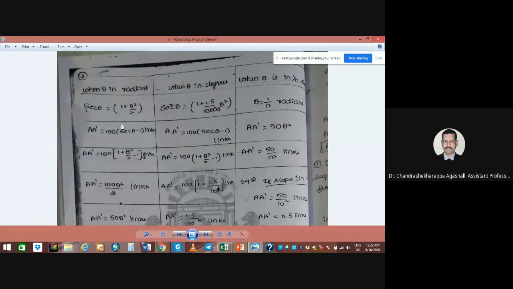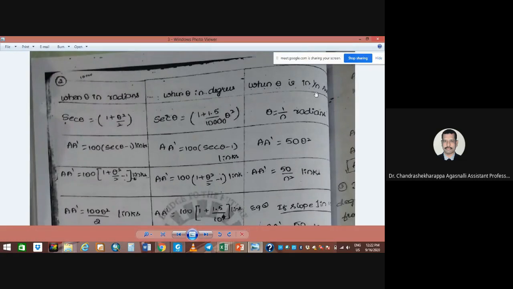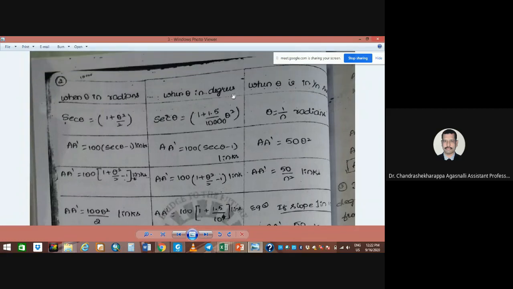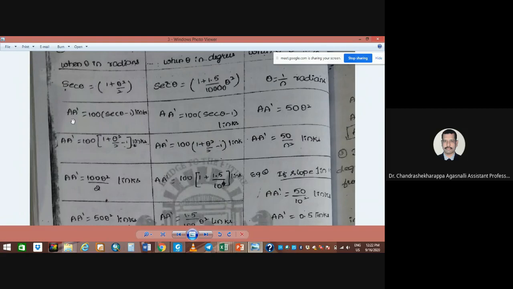When theta is in radians, when theta is in degrees, or when theta is given as a slope of 1 by n, what are the formulas you need to follow? In the question itself, we are given theta in radians, degrees or as a slope. So here, if theta is in radians, secant theta is equal to 1 plus theta square by 2, and that's called a dash, which is 100 by secant minus 1 lengths.